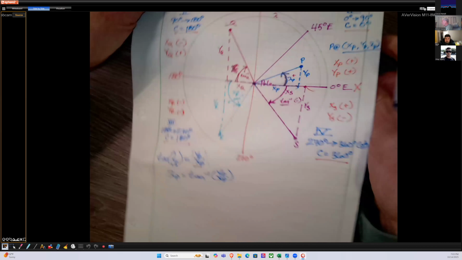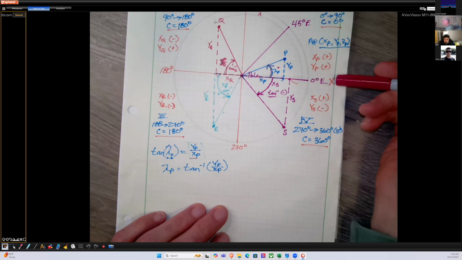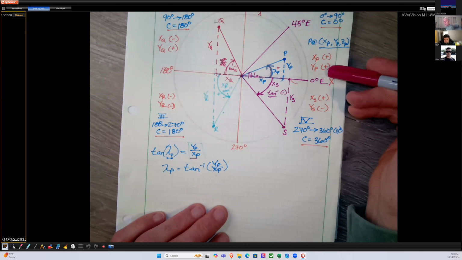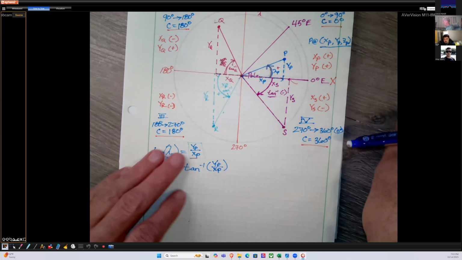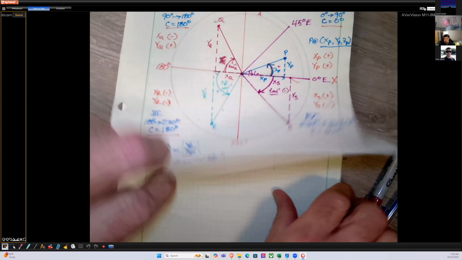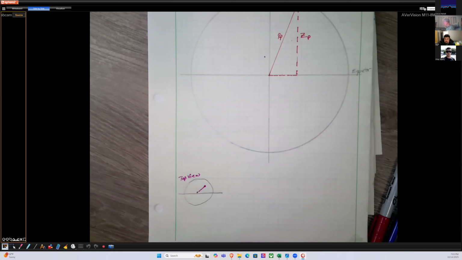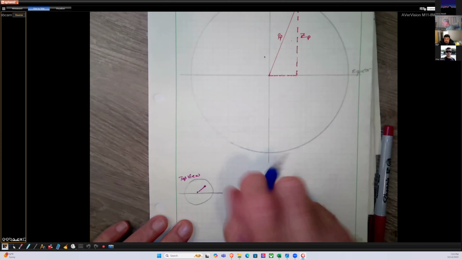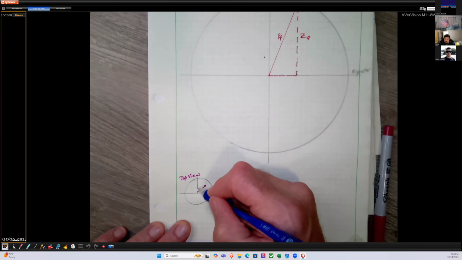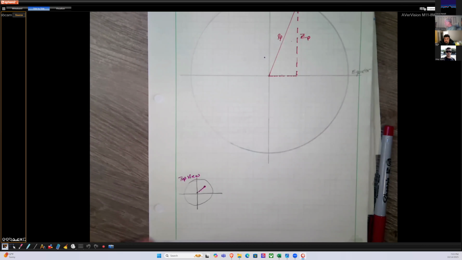when we have a top view, our axes are what? X and Y, right? So looking at the little diagram here, what would these axes be? Looking top down.